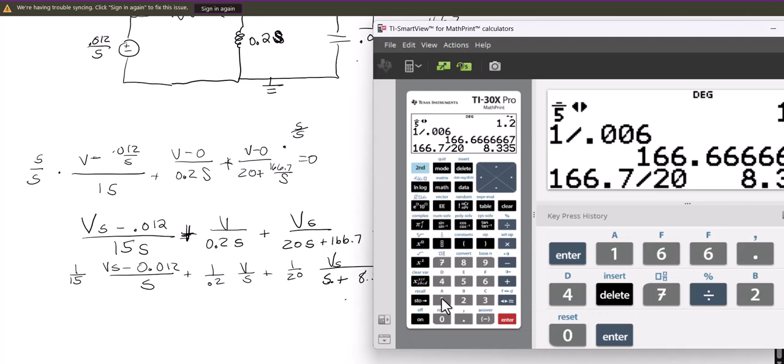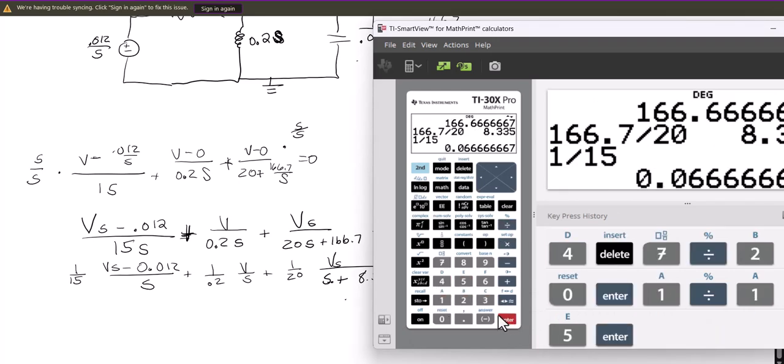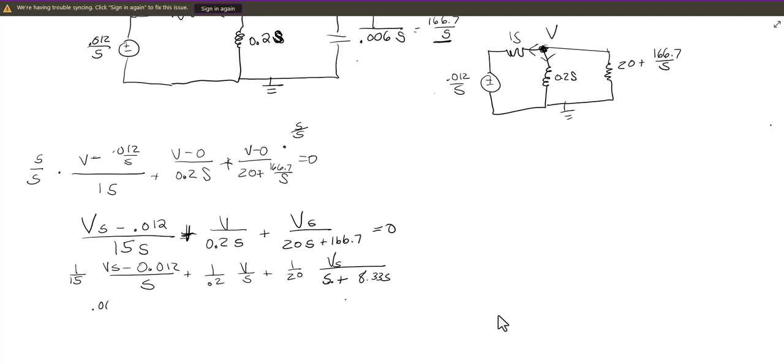Alright, 1/15 is 0.0667, so I can write this top one as 0.0667 times vs minus 0.012 over s.